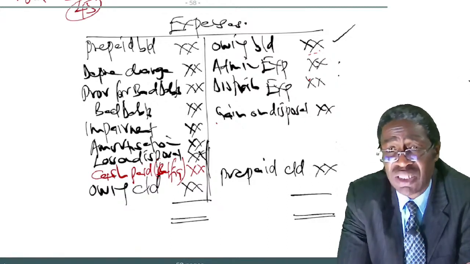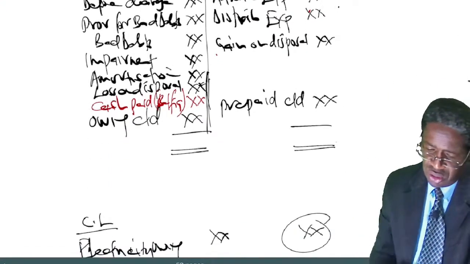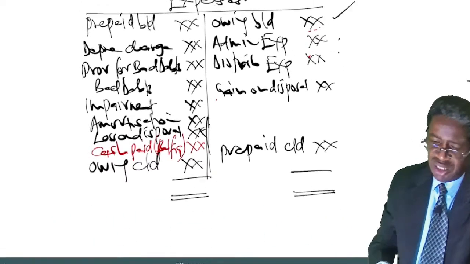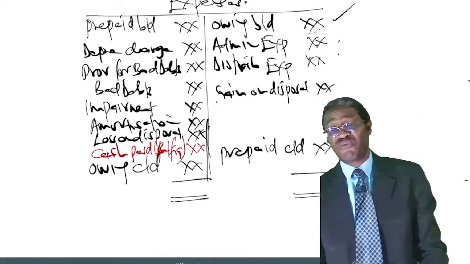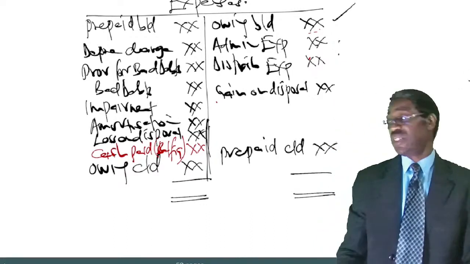Okay, so copy that. Then we shall put an NB for this gain or loss on disposal. But otherwise, just copy. Then you get whatever it is as a balancing figure to be the cash paid for all the services rendered.